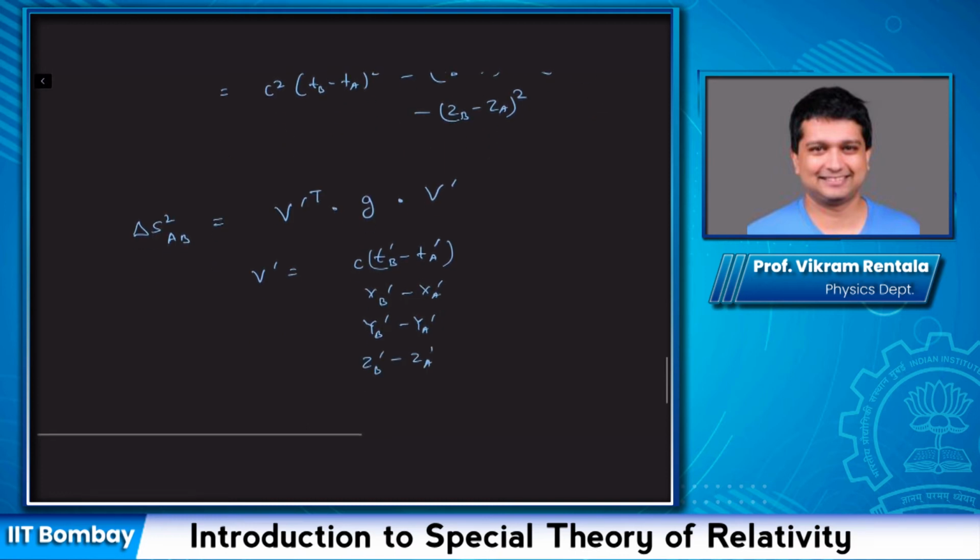That is the difference of the space-time coordinates between the points A and B in some other coordinate system S prime.